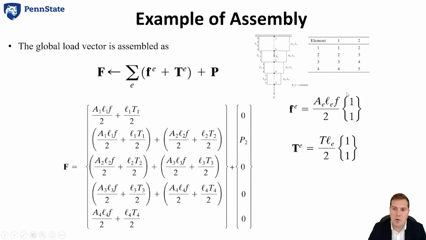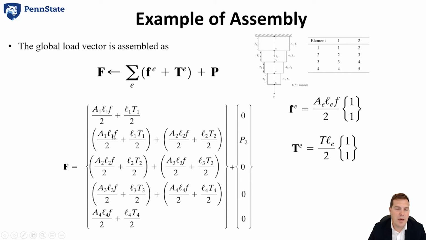And so we're actually going to have these values at those nodes. Okay, so here we're representing A1, L1, and then we have an L1, T1 over 2, and that corresponds to node 1, and then node 2 will also have that same term. Okay, so that gets applied to nodes 1 and 2.